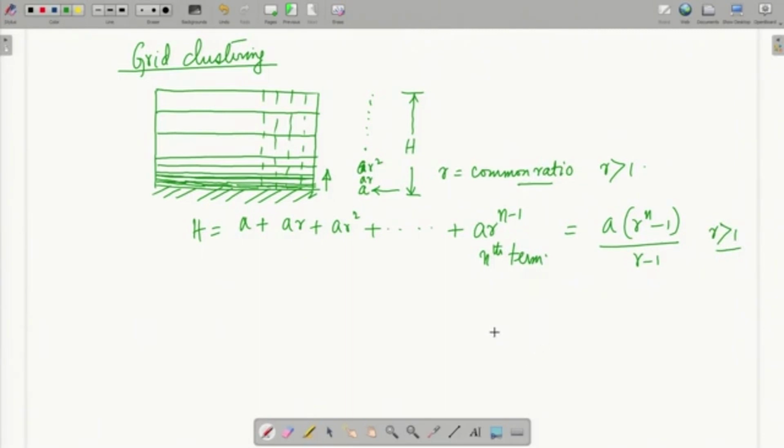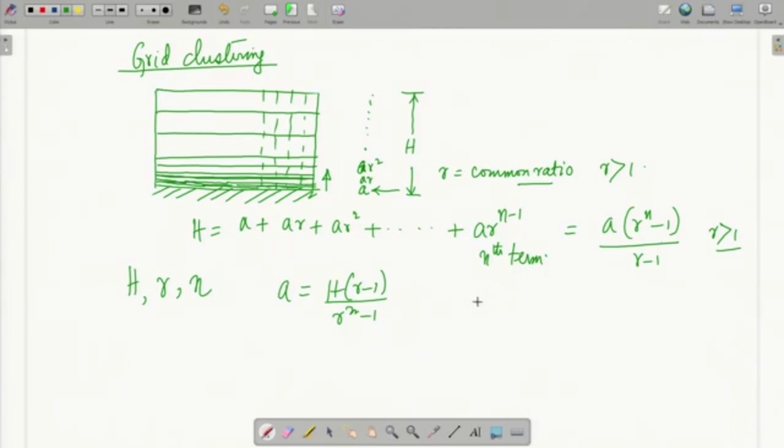So, let us say that we have been provided the values of H, that is the height, the common ratio and the number of cells we want to put in that layer. If that is so, then you have an expression for the smallest cell thickness. Once you get that, how do you know that that is sufficient for you? Let us say if you are doing a turbulent flow calculation.